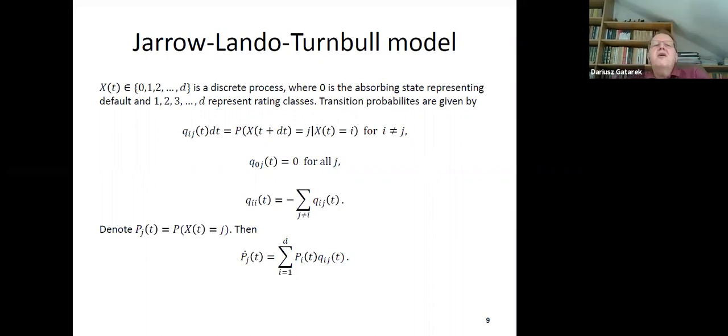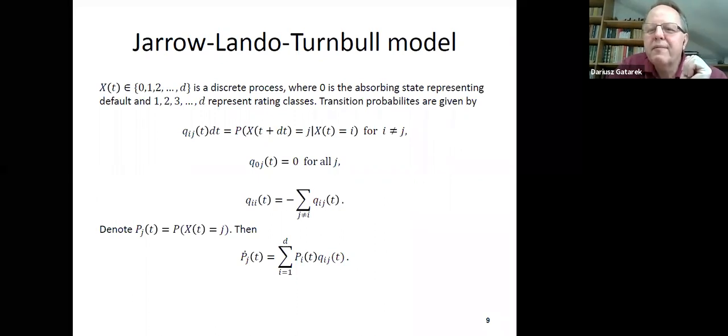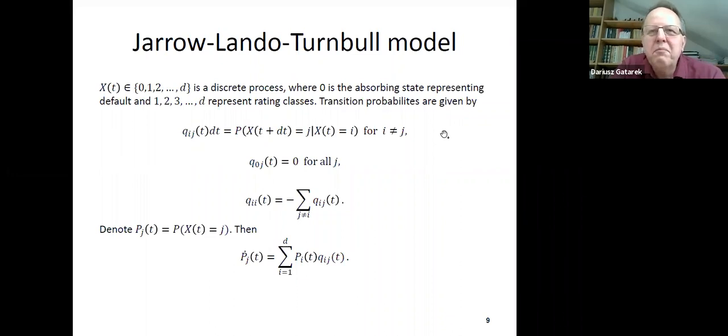But okay, in the Jarrow-Lando-Turnbull model, we assume that spread is stable for every rating class. In practice, it is not true, but for the purposes the Jarrow-Lando-Turnbull model serves, it is satisfactory.